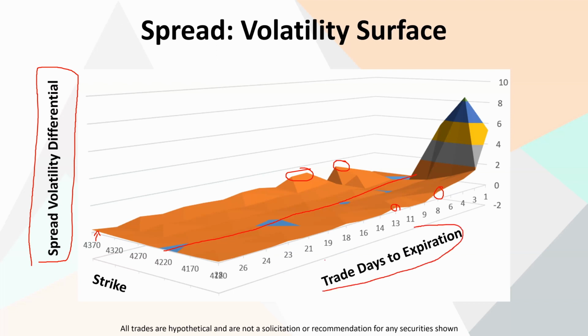Trade days to expiration is going to be across this axis. As we get closer, you can see that we get this warpage, right? Further out, yes, it is warped, but it's not as warped. And then when we get right here at, roughly speaking, 7 days or so to expiration, things go really wonky.